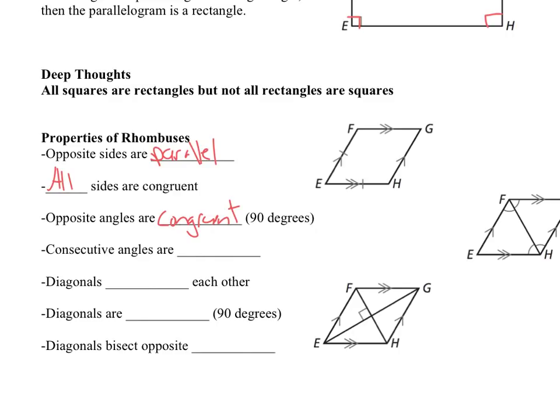That 90 degrees is not true. There's a typo there. So again, opposite angles. So as we look at F is congruent to H, E is congruent to G, but not necessarily right angles, 90 degrees. Consecutive angles are supplementary.